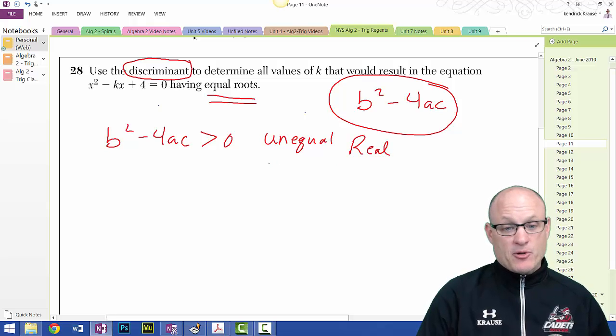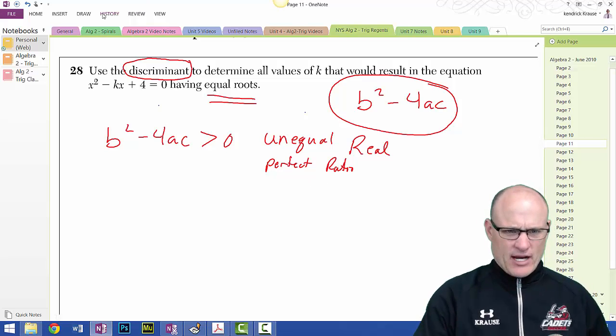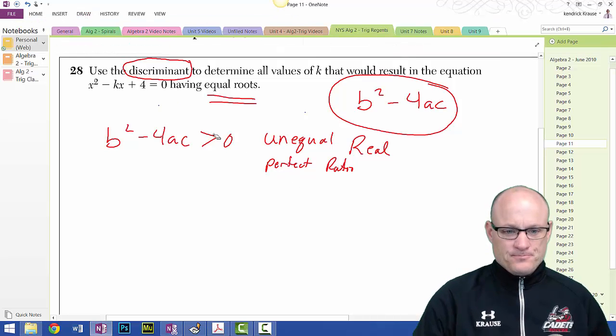If it's a perfect square, they'll be rational. If it's not a perfect square, like 37, 12, 15, then they'll be irrational.